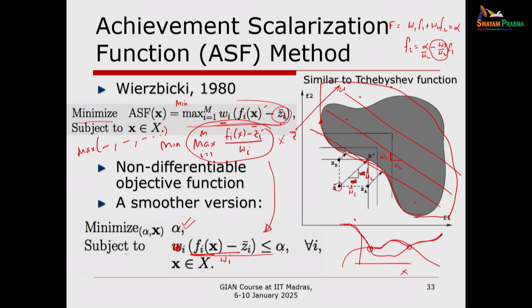But if you say no, I'm going to change my function so that I use F1 over W1 and F2 over W2, and now if you redo this, it's going to be F2 equals minus W2 over W1 times F1 plus W2 times alpha. So now my slope is W2 over W1, which means W2 will now be on the F2 axis, and W1 is going to be on the F1 axis. So just redefining your weights as the inverse of the weights, graphically you achieve a meaning of these W's. Does that make sense? Okay.